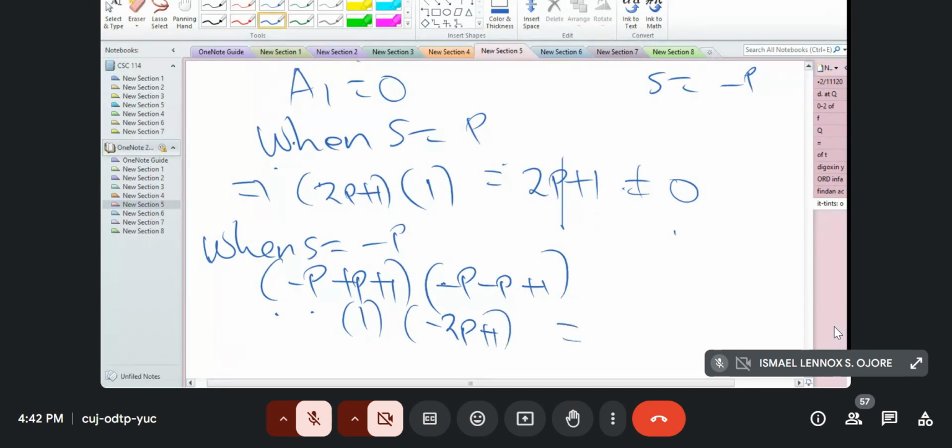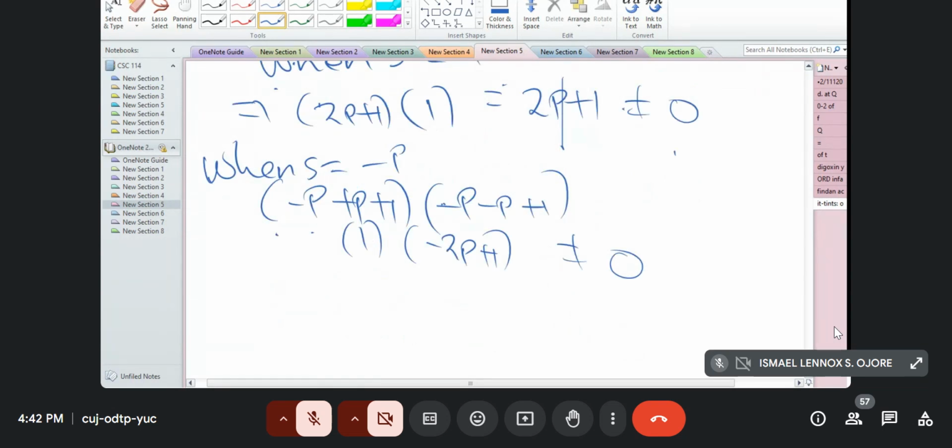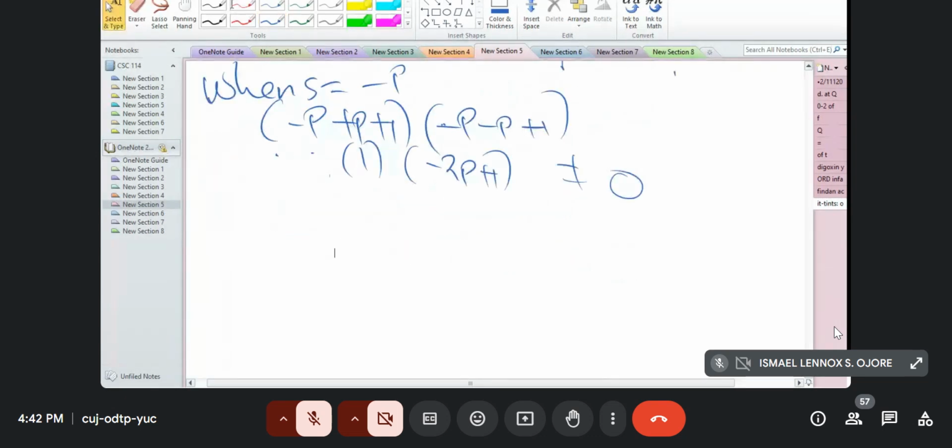Minus 2p plus 1 is not equal to 0 because p is a real number. So the bracket containing the indices is not equal to 0, and therefore a1 must be equal to 0. So when solving for the coefficients of x to the s plus 1, we are arriving at a1 equals 0.